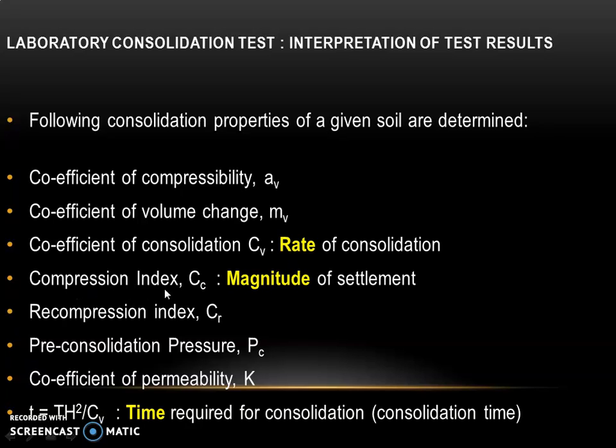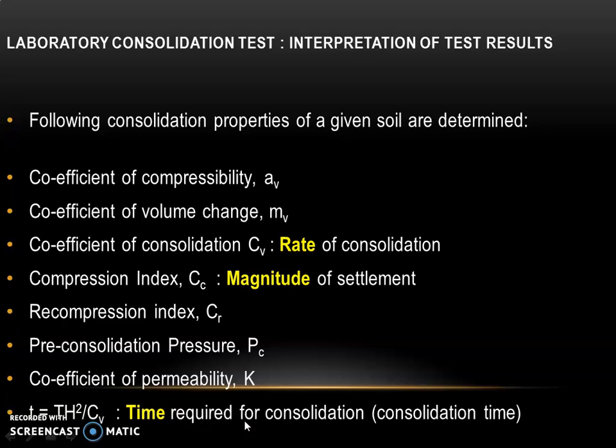Next is compression index, denoted by Cc, which gives us the magnitude of settlement. Then is recompression index, denoted by Cr. Then is pre-consolidation pressure, denoted by Pc. Coefficient of permeability, denoted by k.